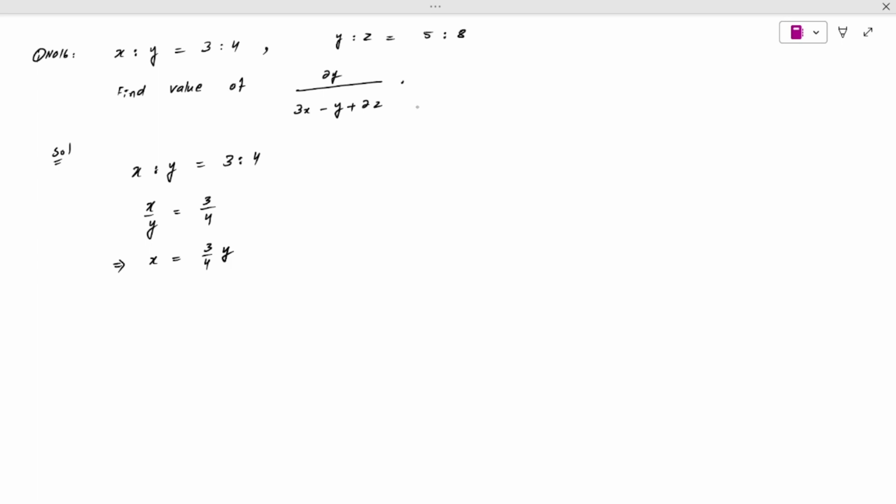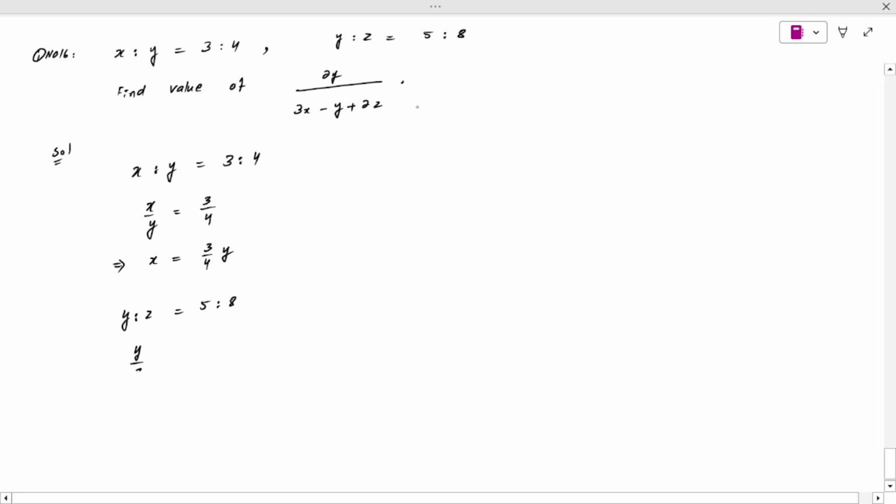Now considering the second ratio, that is y ratio z is equal to 5 ratio 8. So converting ratio into fraction, we get y divided by z equals 5 over 8. So let us take the reciprocal of this fraction. So z over y equals 8 over 5. Multiplying y on the right side, we get the value of z, that is 8 over 5 times y.